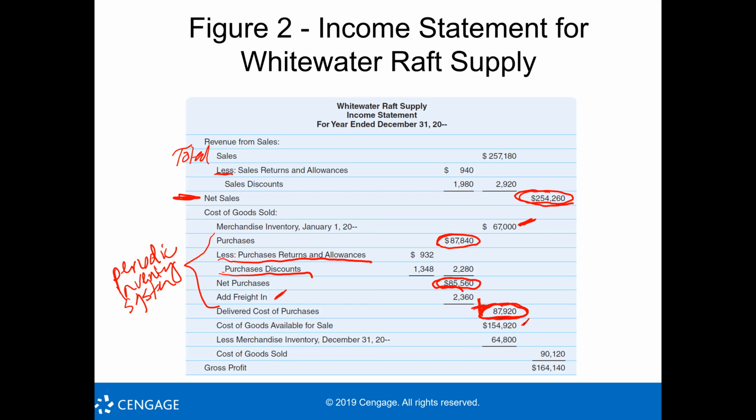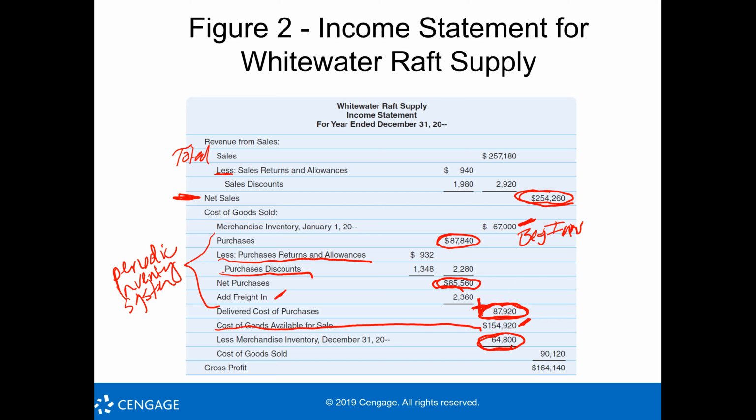So cost of goods available for sale, 154,920, because this was our beginning inventory up here, plus the delivered cost of purchases. We had total cost of goods available for sale, 154,920. And then we just subtract out what we didn't sell.